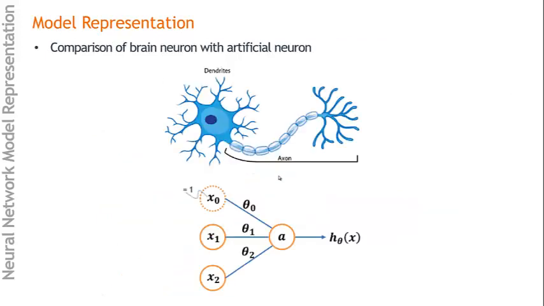Now you can see some similarity between the structure of a biological neuron and the mathematical neuron that we've constructed. The x0, x1, x2 reflect the fact that this neuron is connected to a lot of other neurons, which are not shown.